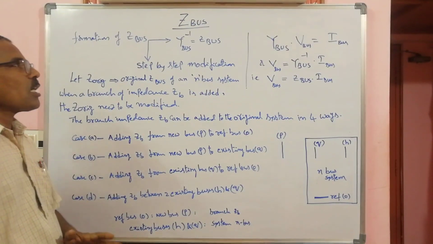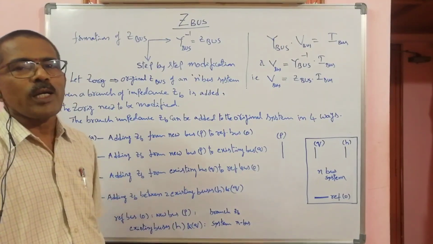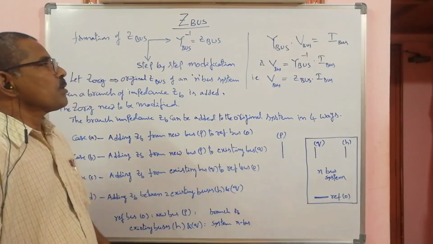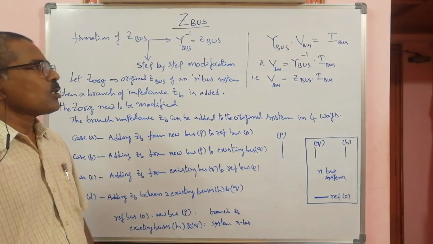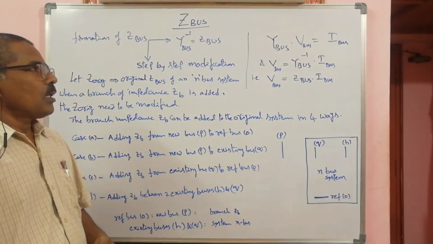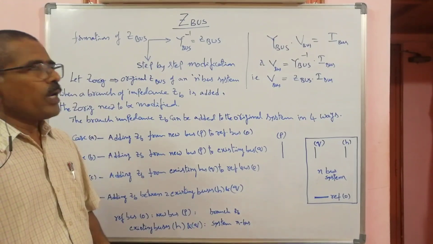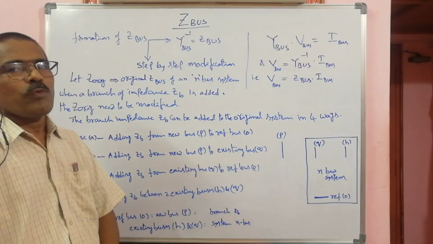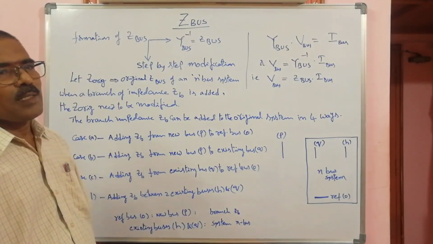Why are we constructing Z bus or Y bus? It is for various assessments or purposes. If you take up line flows or load flow analysis, we will be using Y bus. Y bus is more used in load flow analysis.